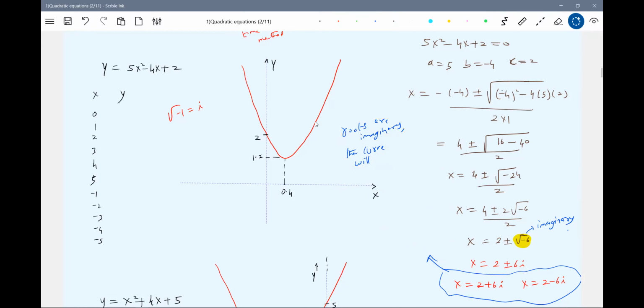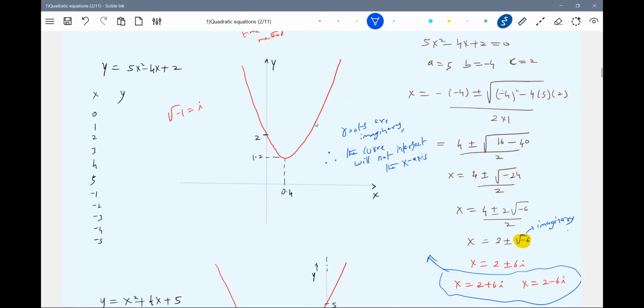The roots are imaginary, so therefore the curve will not intersect the x-axis. So there's one idea. I think it's very clear. If you get roots imaginary, it's very simple and straightforward. We can say it will not intersect the x-axis. So much information is available for us.